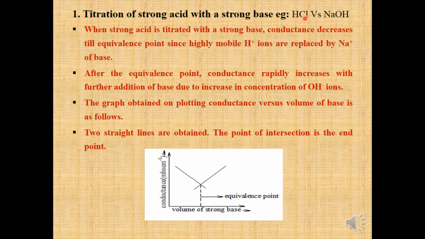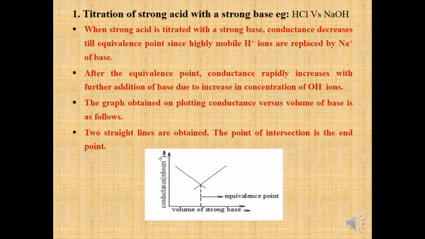When a strong acid is titrated with a strong base, conductance decreases initially till the equivalence point. You can see in the graph, the conductance initially is very high, but when you add the sodium hydroxide base, conductance goes on decreasing till the equivalence point, since highly mobile H plus of the acid is replaced by weakly mobile Na plus of the base.